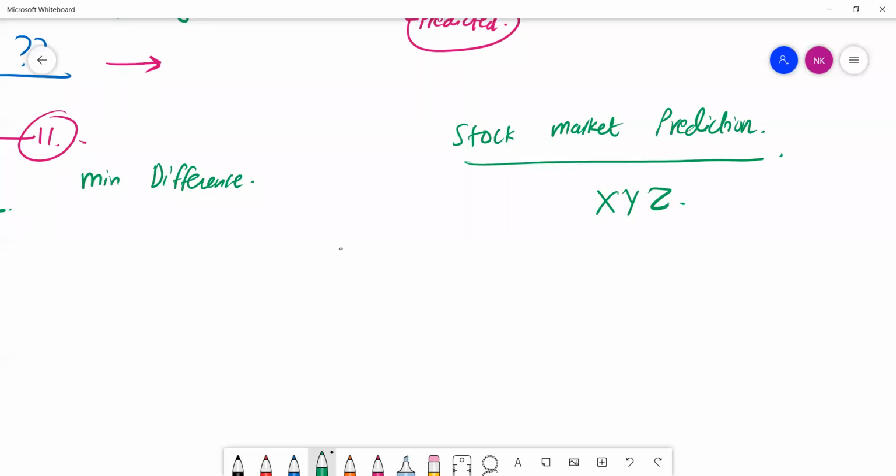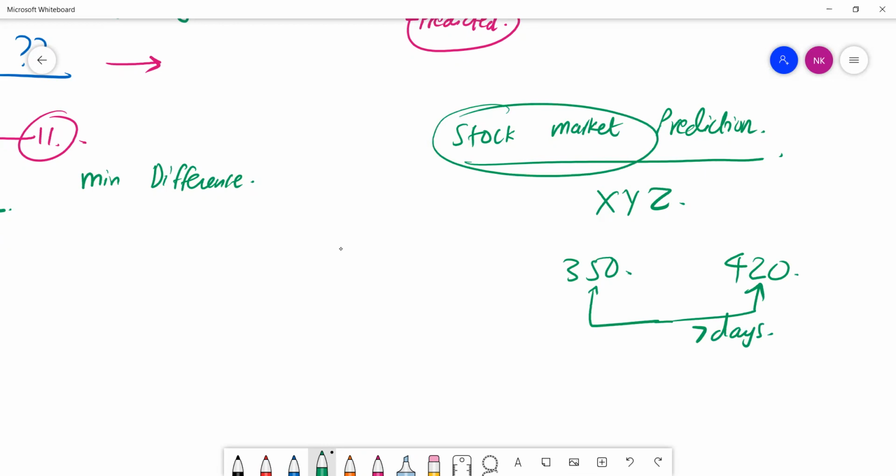Now if this particular stock is trending at, let's say, rupees 350 currently, then my model will say that you please purchase this stock so that you can have around 420 price in the span of 7 days. Then this model is predicting this particular value, 420.